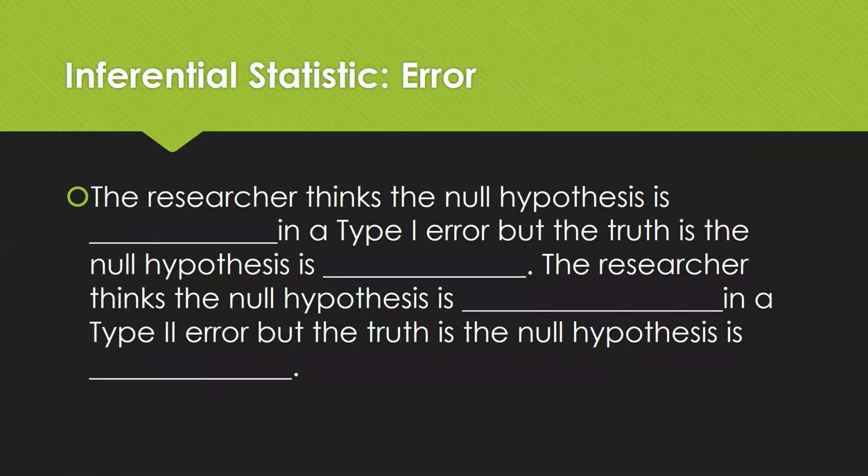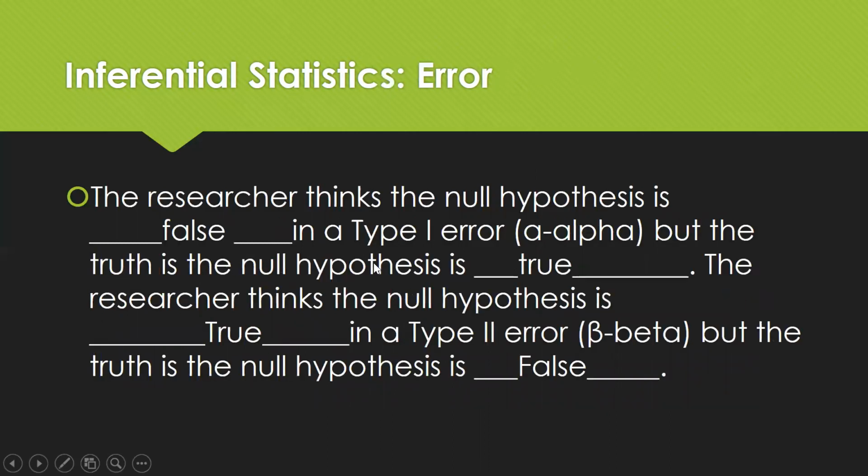The researcher thinks that the null hypothesis is blank in a type 1 error, but the truth is the null hypothesis is blank. Think back to that very first picture. The null hypothesis, remember, is no pregnancy. So in that case, they think that the null hypothesis is false, but the truth is the null hypothesis is true.